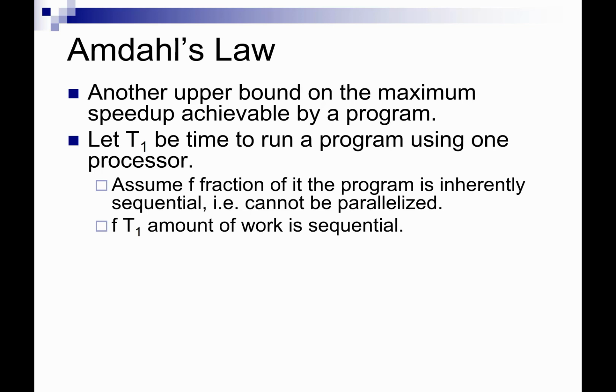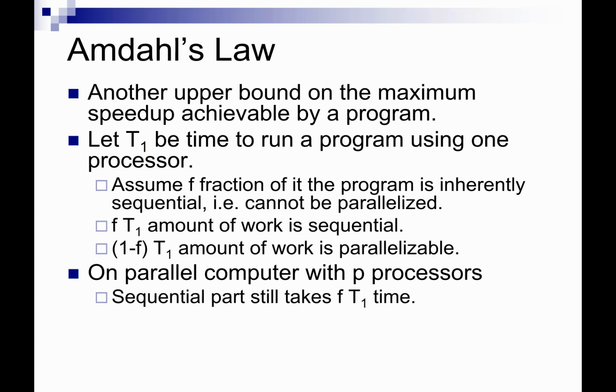Since T1 is your overall running time, and you have f fraction which is sequential, the total amount of work which is sequential is going to be f times T1. And the remaining work in the program, everything that's not sequential, we're going to assume is perfectly parallelizable. So the remaining work is going to be 1 minus f, the sequential fraction, times T1. We're going to assume that work is completely parallelizable.